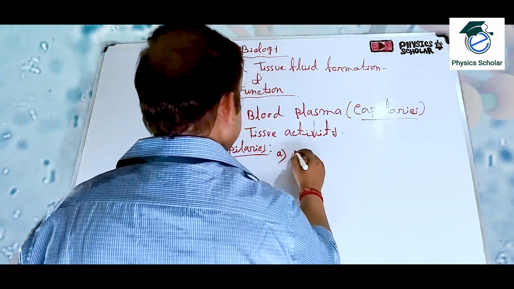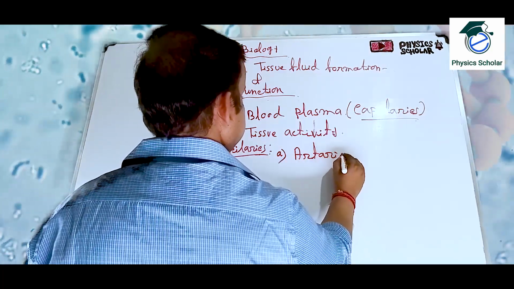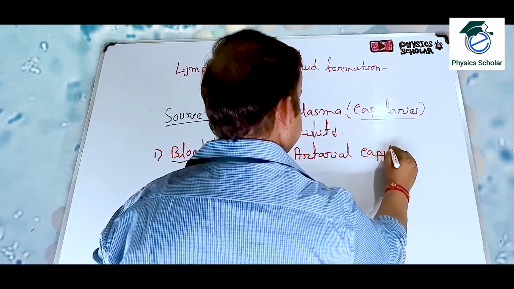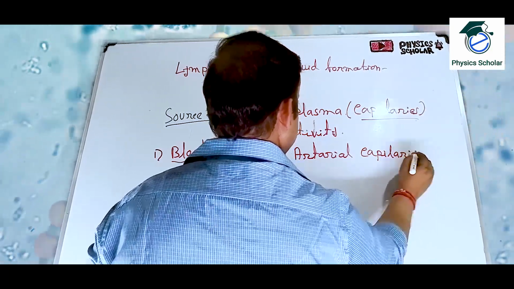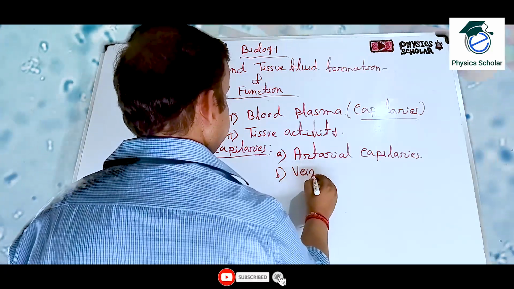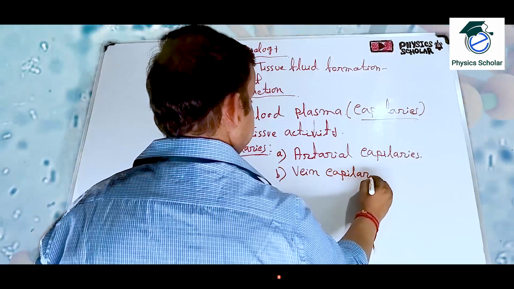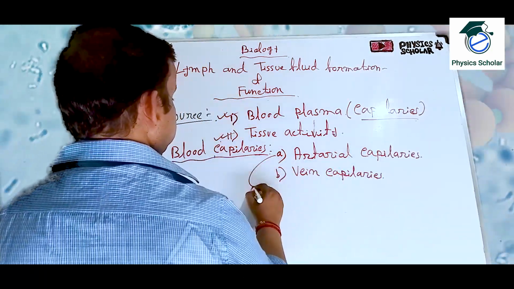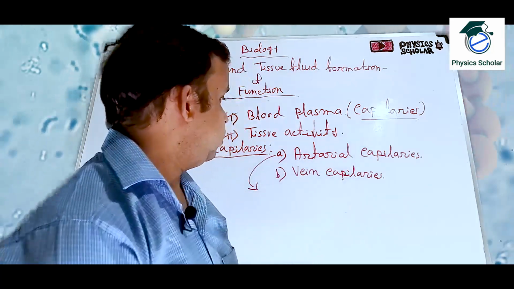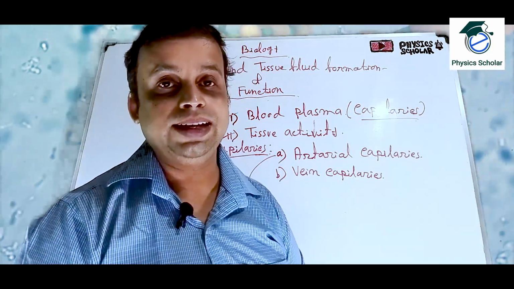Clear? So what are the two types of blood capillaries? One is known as arterial capillaries and the other is vein capillaries. Now the arterial capillary: the blood pressure will be high in the artery.